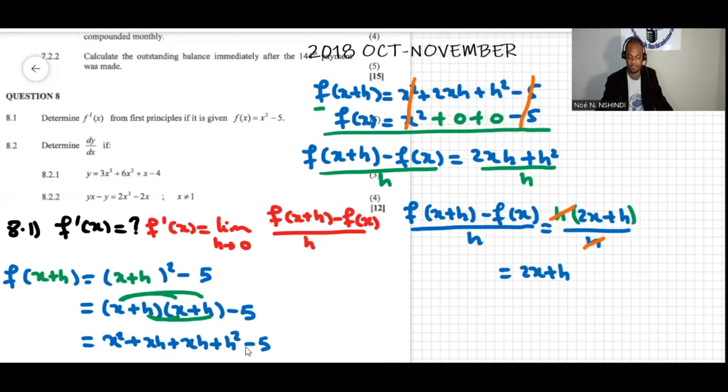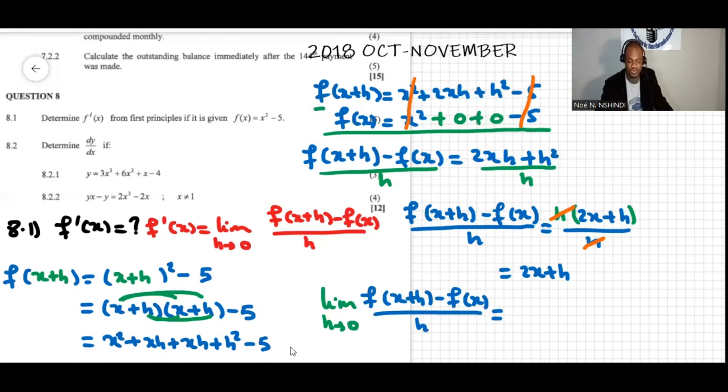Now the next thing is to introduce the limit, as h approaches 0. So this will be the limit of this function, h approaching 0, of f of x plus h minus f of x all over h, which will be equal to the limit as h approaches 0 of 2x plus h.